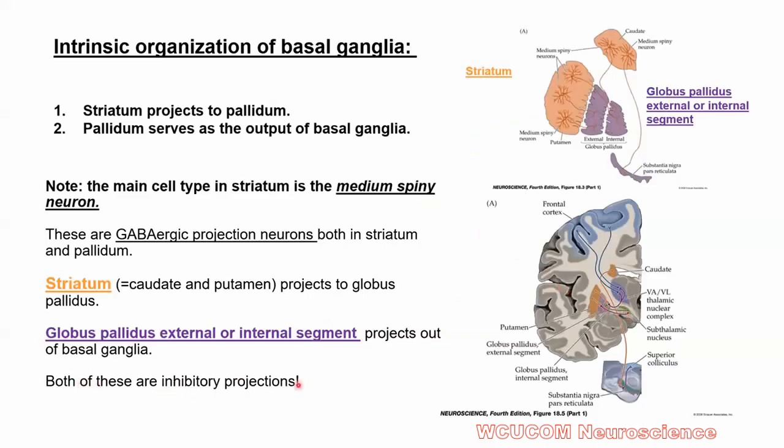Very important to note that both of these neurons, the striatal ones and the pallidal ones, are GABAergic. Now, this suggests that a type of double inhibition, which is called disinhibition, will be a very important factor in the function of basal ganglia circuitry.